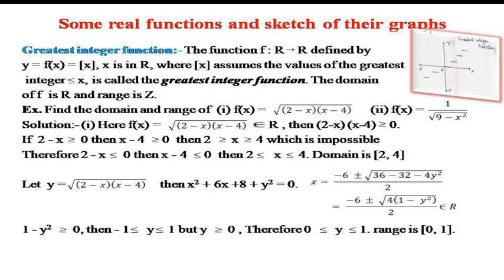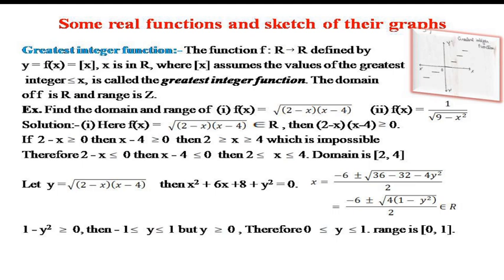Now you remember, to find the domain of a function, we have to find the interval where f(x) is defined. If we find any point or any interval where f(x) is not defined, you just omit this part. So to find the domain of a function, we have to see when f is defined. Here f is defined whenever (2 minus x) into (x minus 4) is greater than or equal to 0.